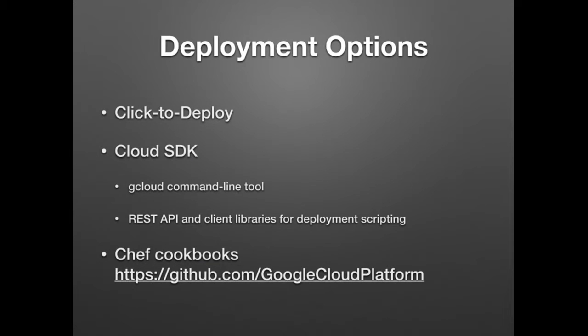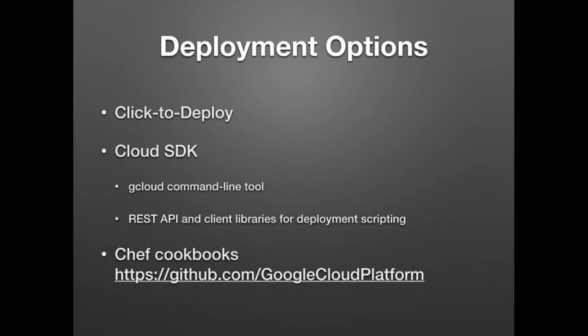So when you deploy in Google Compute Engine, you have a couple of different options. They have a click to deploy, so you can go to the console, click a button, and it'll deploy a VM instance for you. They also have the capability to click a button and deploy a MongoDB cluster, which I'm going to show you in just a minute. They also provide a cloud SDK, which is very easy to download and set up.